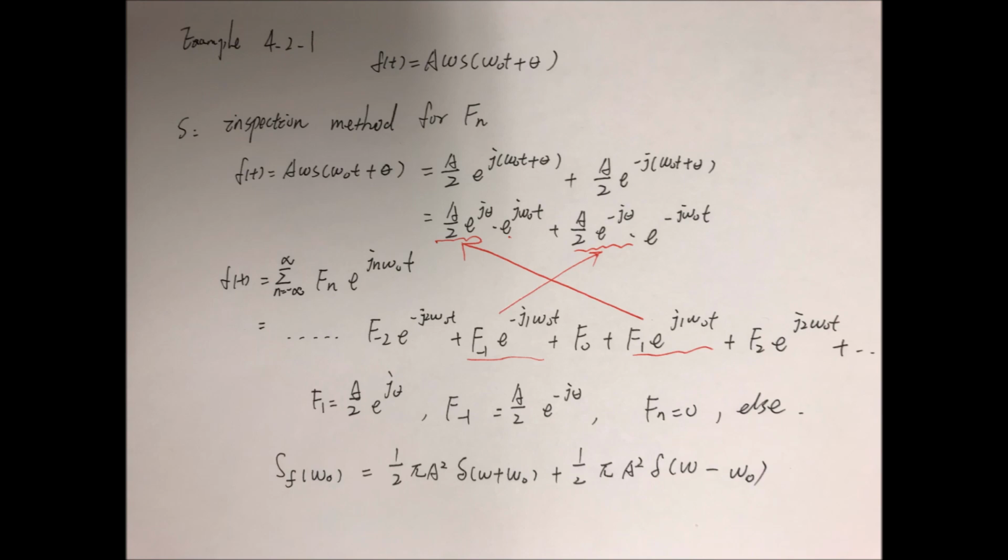Just split it in terms of complex exponentials. Second step, for this term and this term, we separate them, right? So omega 0 t plus theta becomes e^(j theta) times e^(j omega 0 t). This uses the property of exponentials. Any problem?